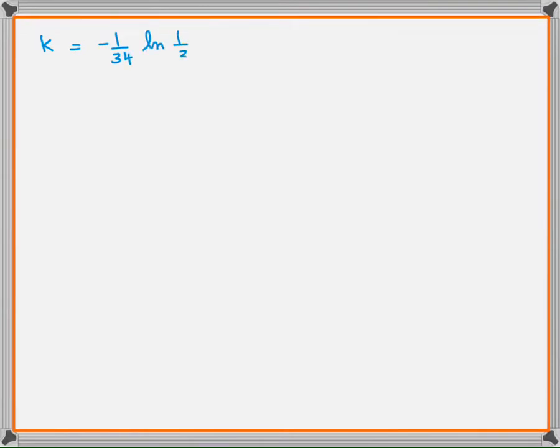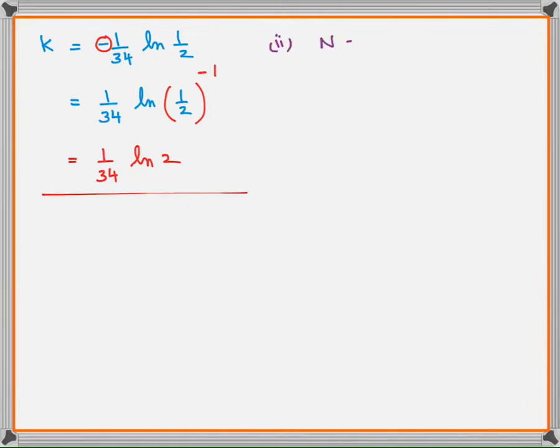Now, the working on the left is another way of playing around with the rules of log. I can use the negative and raise it to the power. So 1 over 34 ln 2. That's one other way of writing it. N is 1/5 of n naught. So 1/5 n naught is n naught e raised to the power of minus kt. I already know the value of k.